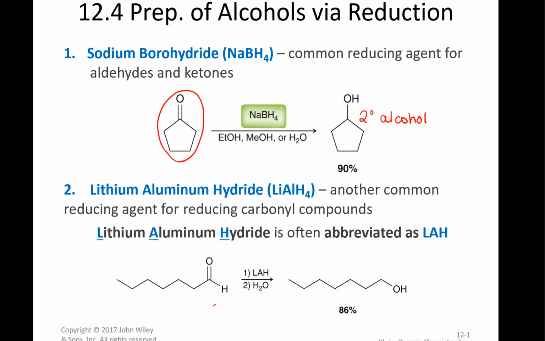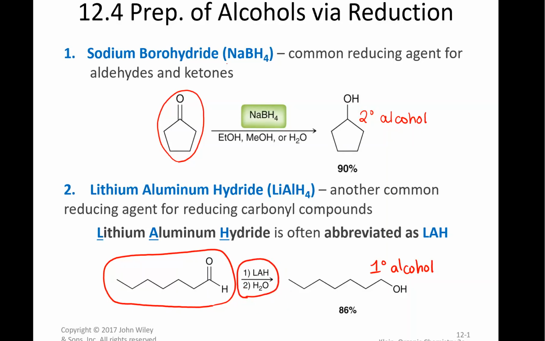There's also an example on this slide of an aldehyde getting reduced to a primary alcohol, and the reagent that's shown is lithium aluminum hydride.